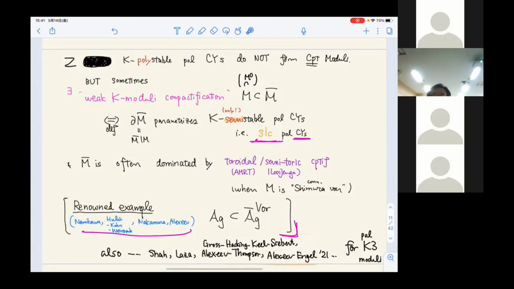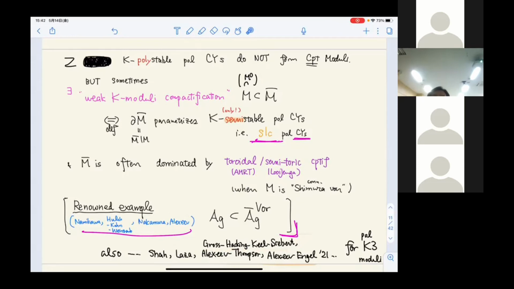Shah, Odaka, Laza, and there's an announced work by Gross, Hacking, Keel, Siebert. This is to consider toroidal compactification. This is not public yet, and I think this is still an ongoing project.